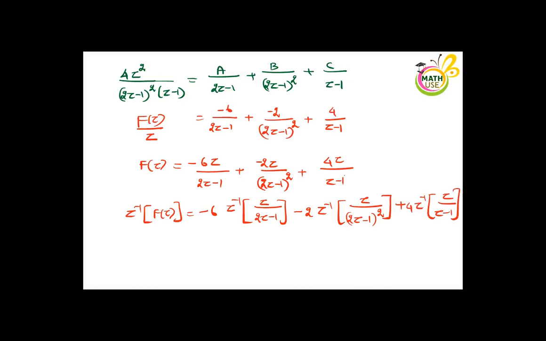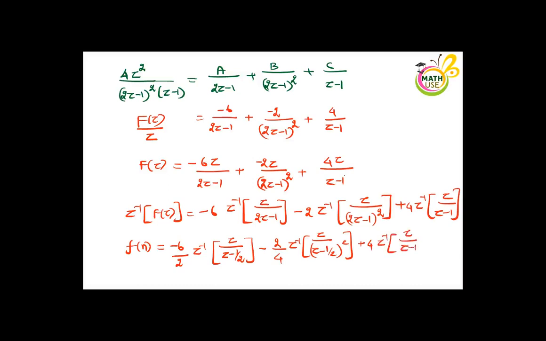By applying inverse z transform, z inverse of capital F of z is nothing but f of n. f of n is equal to minus 6, and taking 2 outside, this comes z inverse of z by (z − 1/2), minus 2 divided by, taking 2 outside, this comes 4, z inverse of z by (z − 1/2) the whole square, plus 4 into z inverse of z by (z − 1).